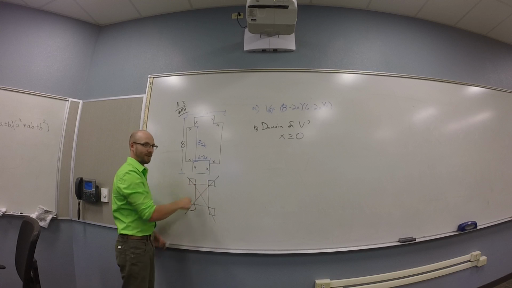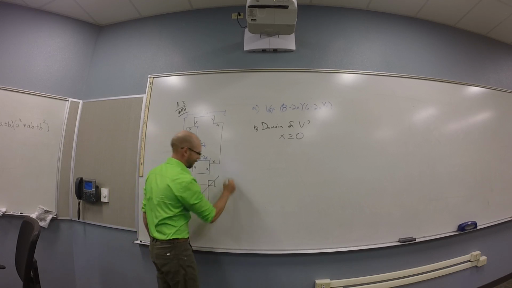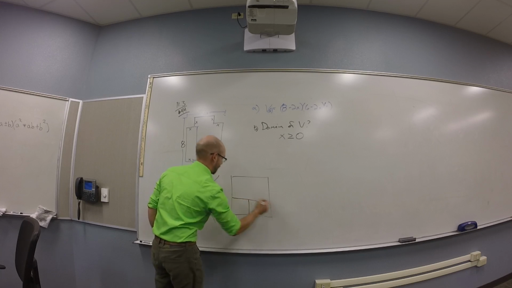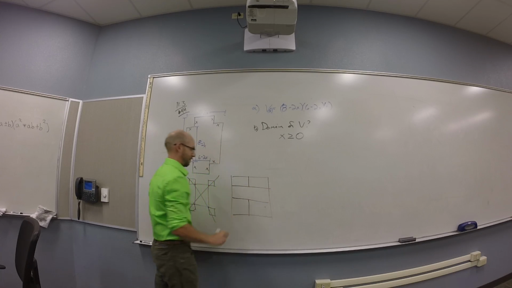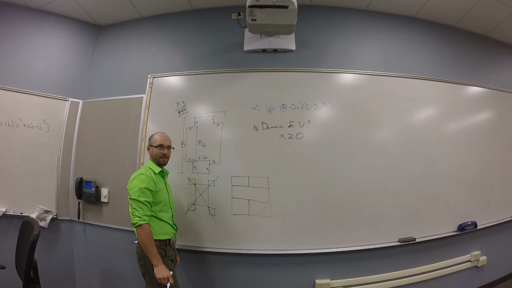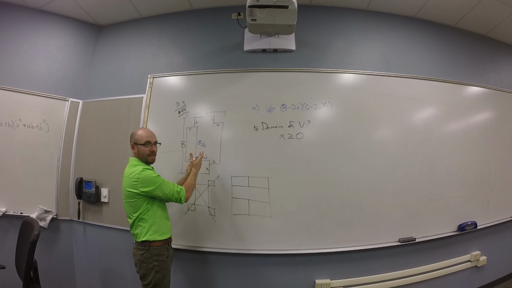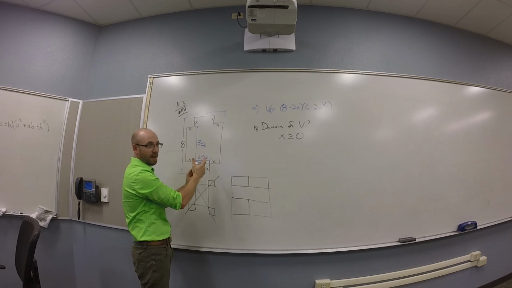Not this one, but what if I did this? Make another rectangle. You guys see that? If I increase x, they hit at some point. They hit along the short side.